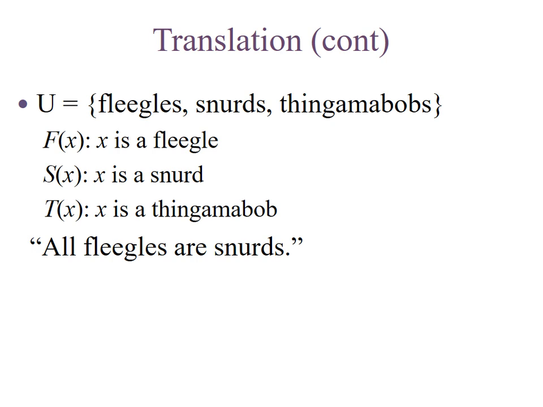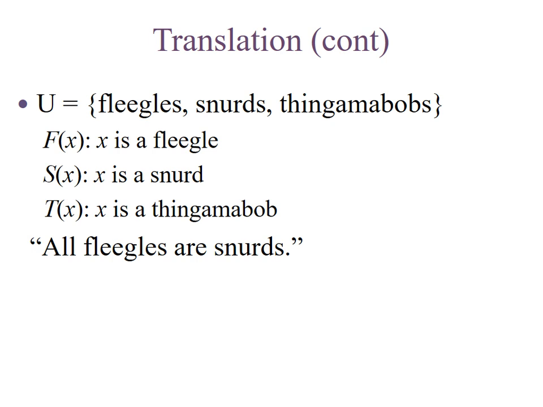So maybe we can compare to the first one. The first one misses the parentheses. That means for all x f of x, then s of x. Okay. So I say it has a different meaning to this one. So this is not correct. How about this?